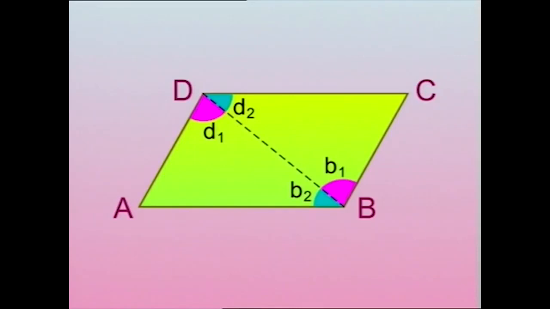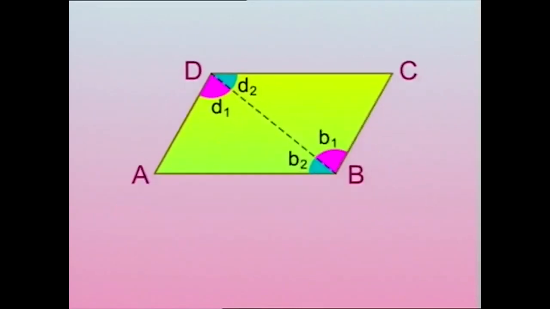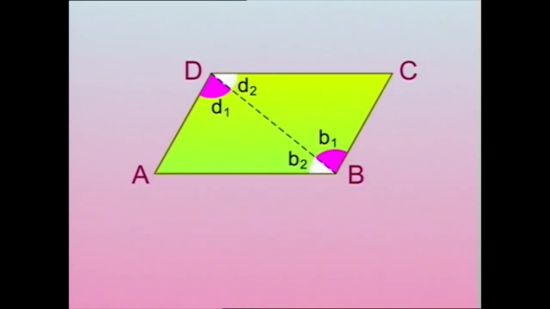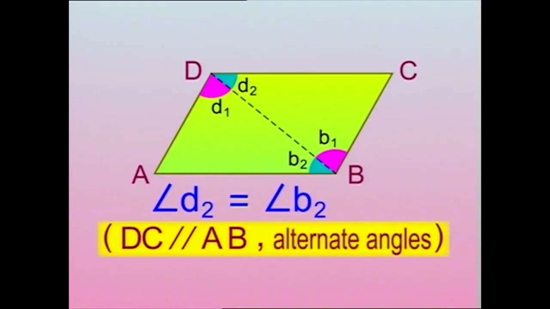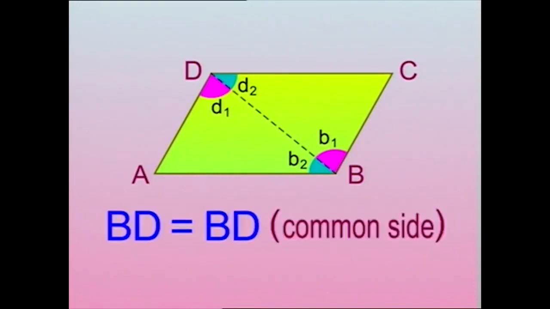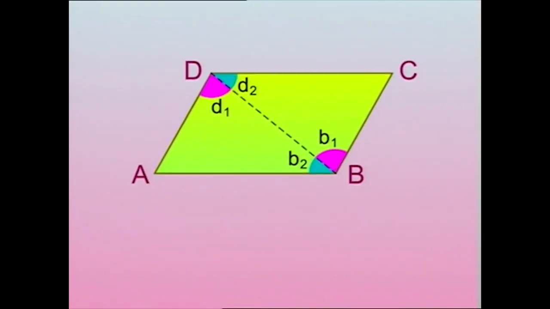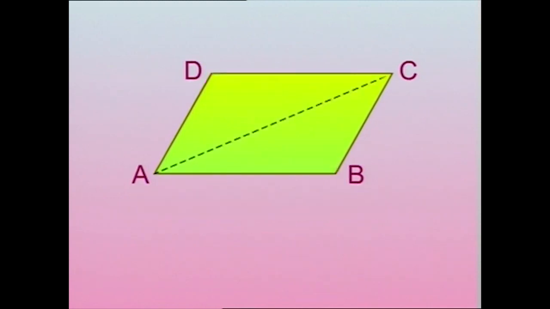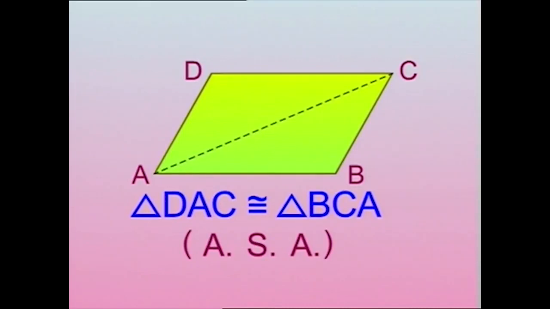As alternate angles of a pair of parallel lines are equal, it follows that these two triangles are congruent. These two triangles are also congruent.